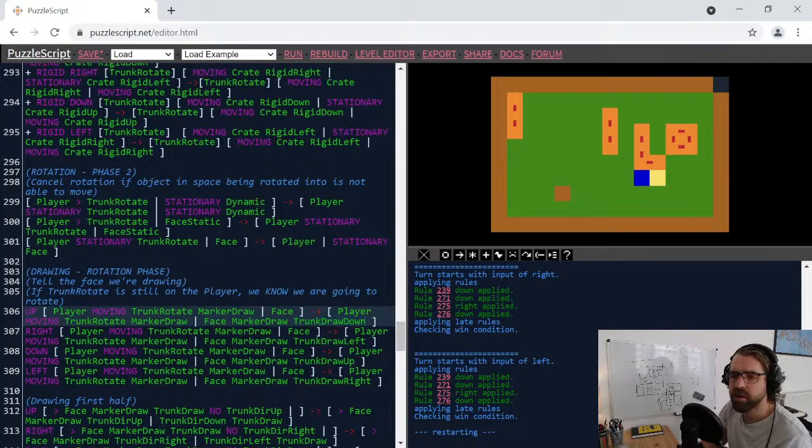So up, player moving, trunk rotate, marker draw, face. We put a marker draw on the face and we do a trunk draw down. Why down? This is when the face is like that. It's the direction that the player is in. That's why it's like that.